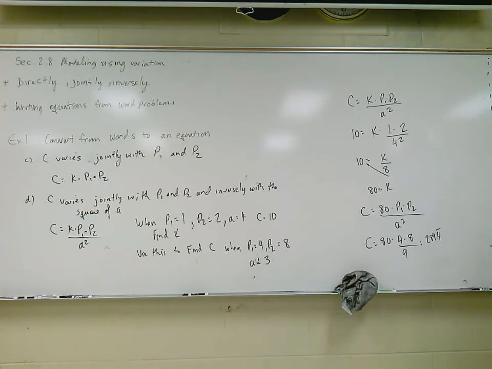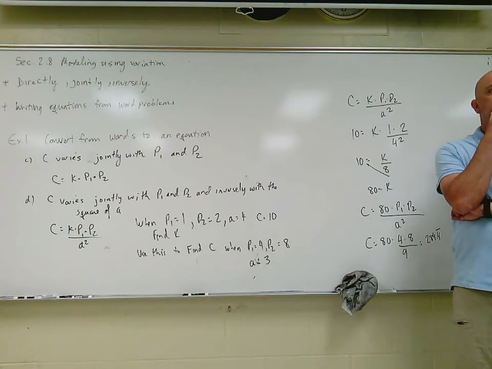T varies inversely with J. Everybody got that one? Inversely, so what do we always gotta add to the problem that's not in there? What's the one letter? The K. And they should make you use K.